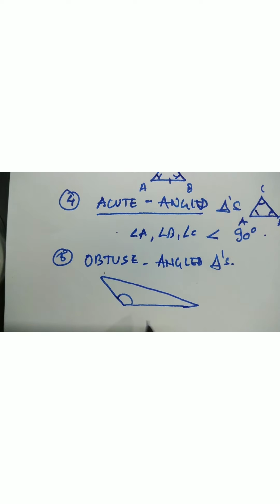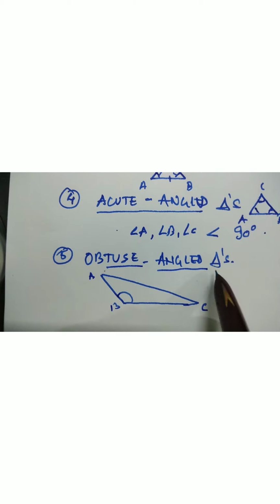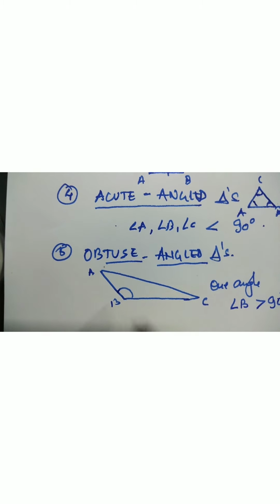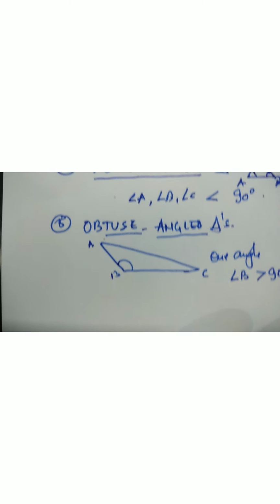Only one angle more than 90 degrees is sufficient to categorize this triangle as an obtuse angled triangle. Here angle B is more than 90 degrees. These types of triangles are called obtuse angled triangles.